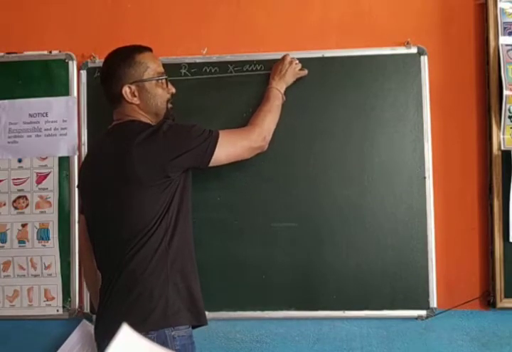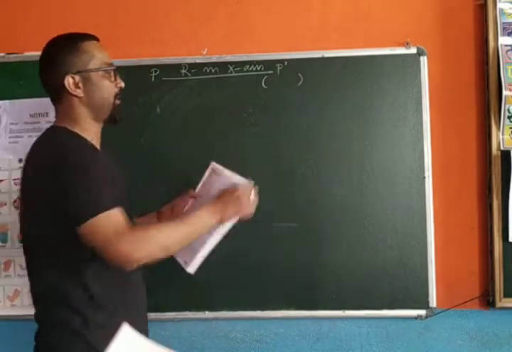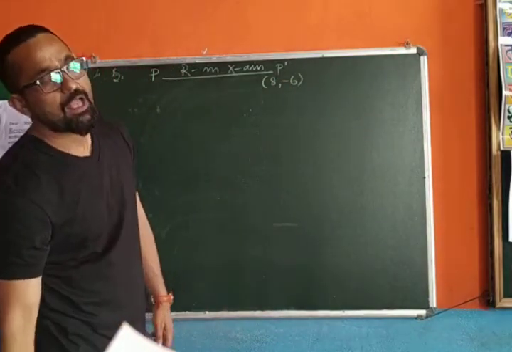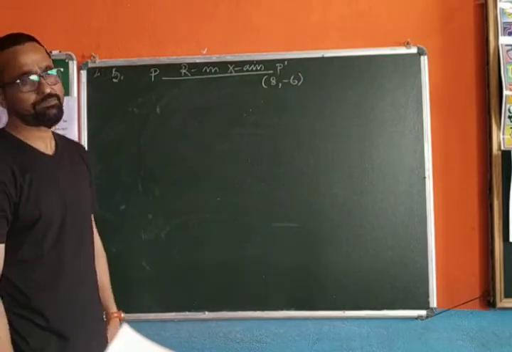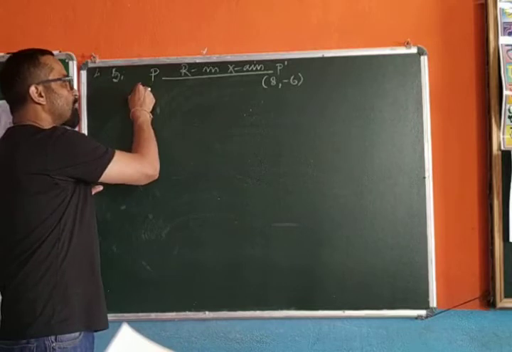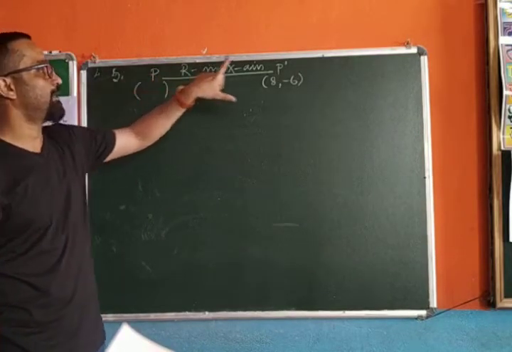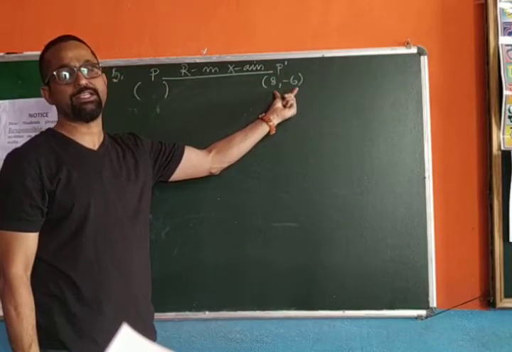Image is represented by P dash. Coordinate of the image is given 8, -6. And I told you this reflection is vice versa. You do not know the coordinate of object, that is P, and image is given. So you can calculate from image itself.